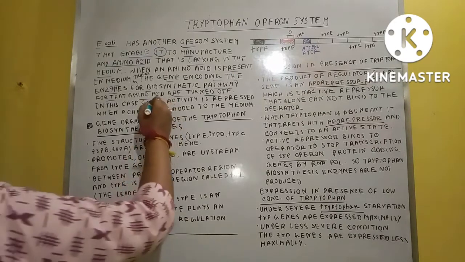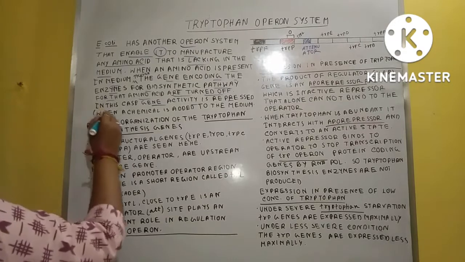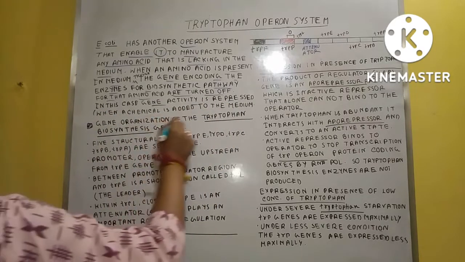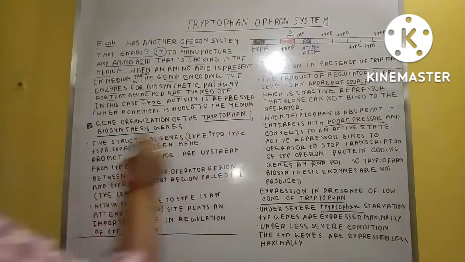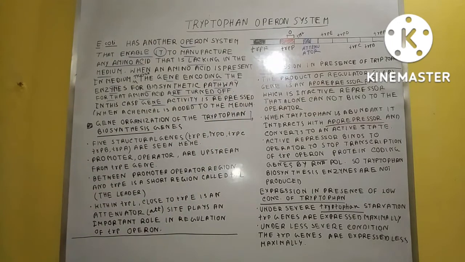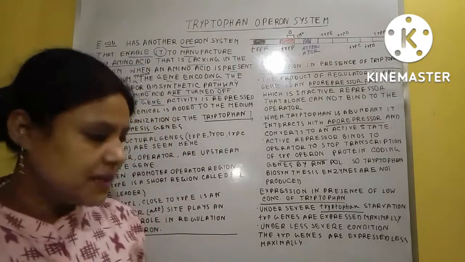I am saying that the gene activity is repressed when a chemical is added to the medium, in the gene organization of the tryptophan biosynthesis. So here, please clearly understand.